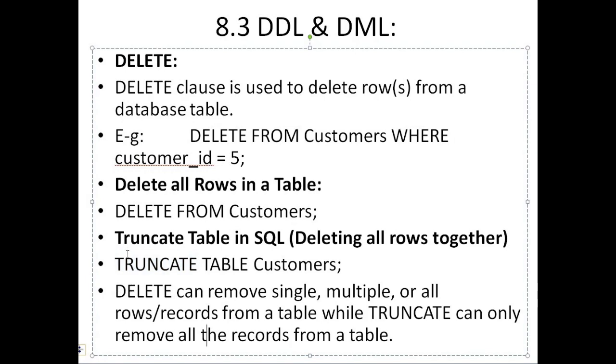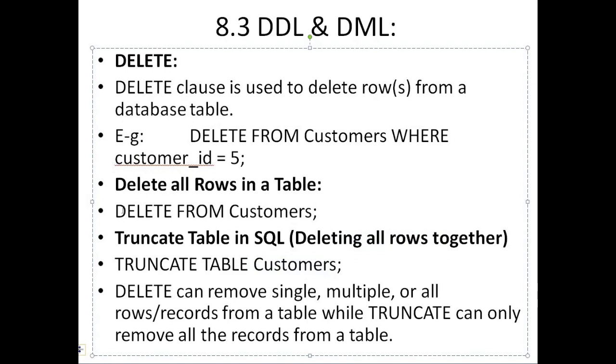So why do we need both of them? Delete can remove single, multiple, or all rows or records or tuples from a table, while truncate can only remove all the records from a table. So when you use truncate, you only have one option. Whenever you write truncate table and then the table name, then all existing records from that table would be deleted.